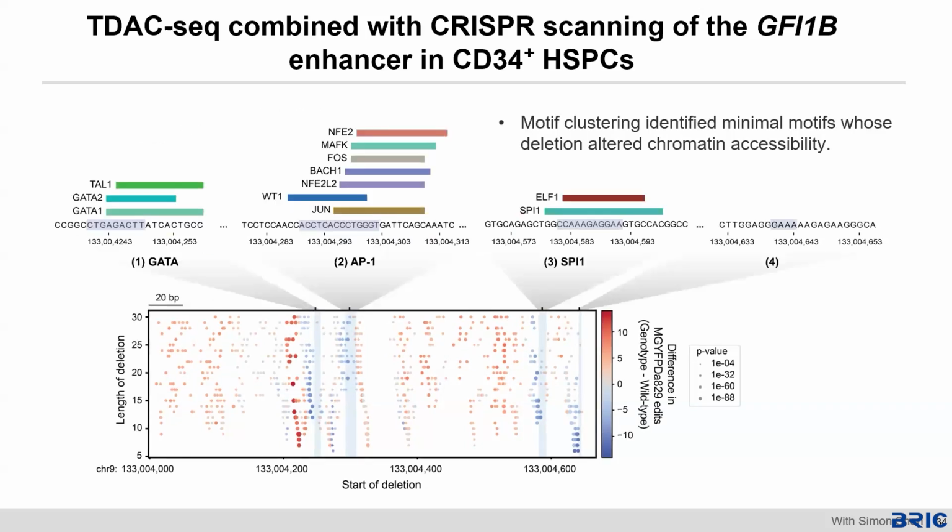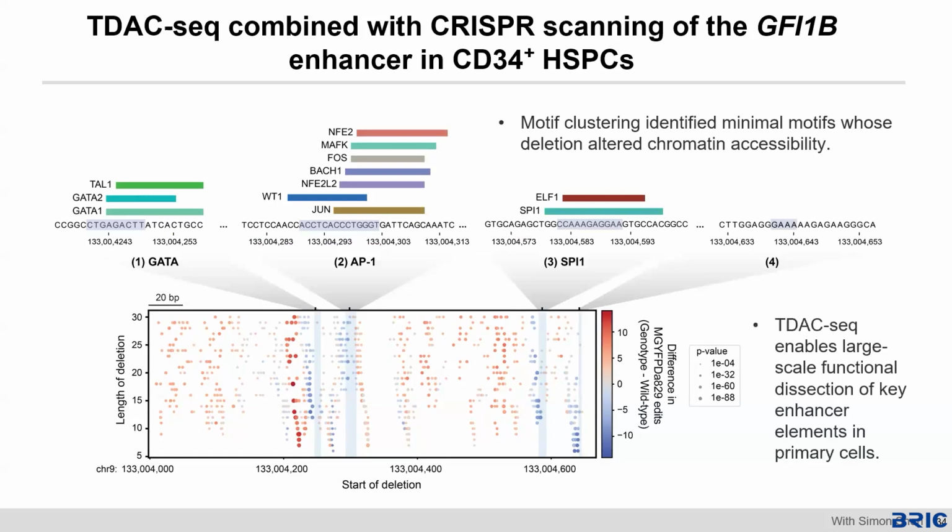Through the same motif clustering analysis, we further identified the minimum motifs whose deletion altered chromatin accessibility. We found that deletion of GATA, AP1, and SPE1 motifs significantly reduces accessibility. Notably, GATA and SPE1 are critical transcription factors in early hematopoiesis, which is the cellular state of CD34 HSPCs.